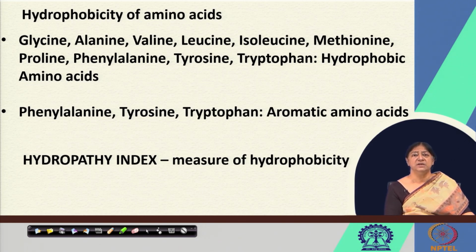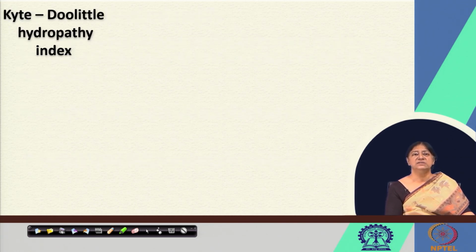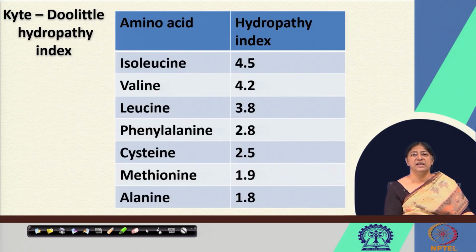In trying to understand what is present in the side chain of these amino acids, we learned that the hydrophobic amino acids preferably have only carbon and hydrogen, and a measure of hydrophobicity is given by a hydropathy index. There is a common index known as the Kyte-Doolittle hydropathy index, which gives, as you can see, positive values for highly hydrophobic amino acids: isoleucine, valine, leucine.